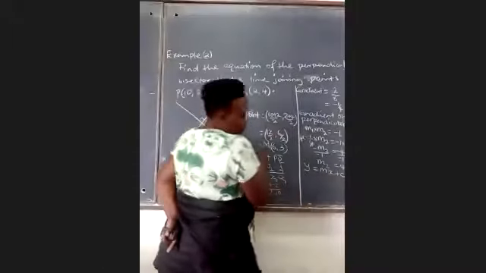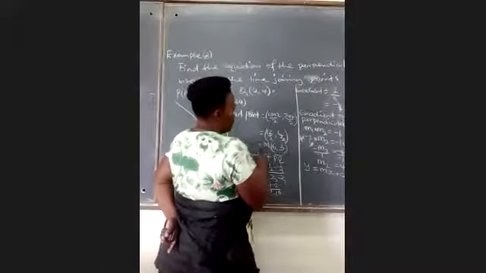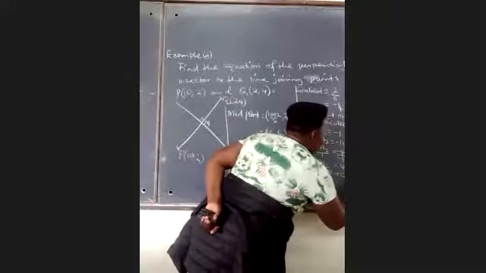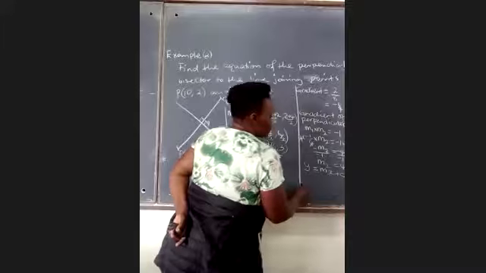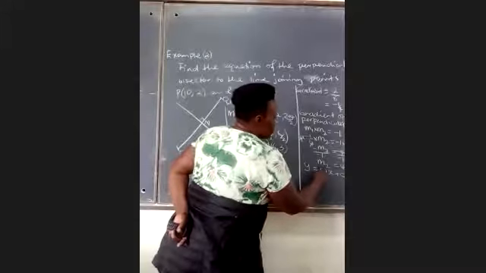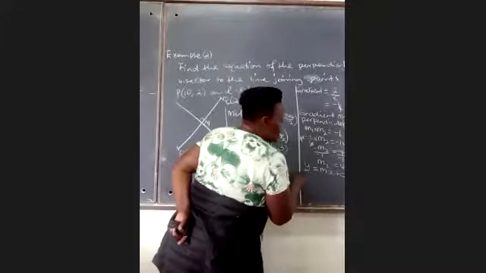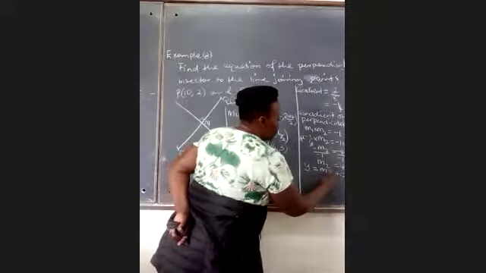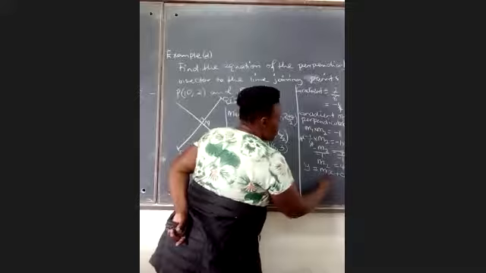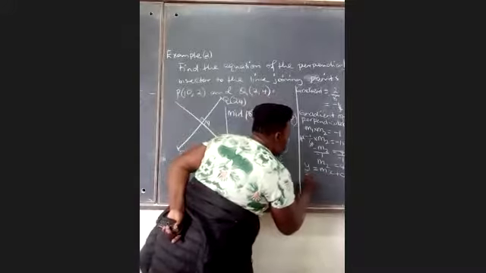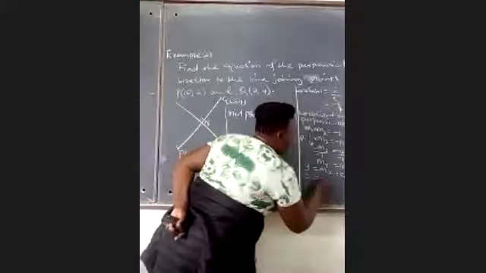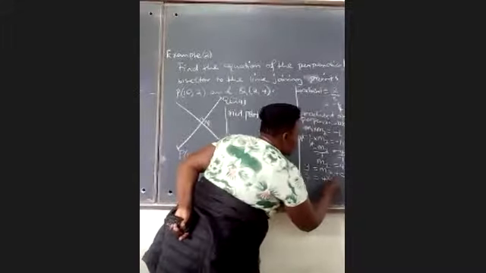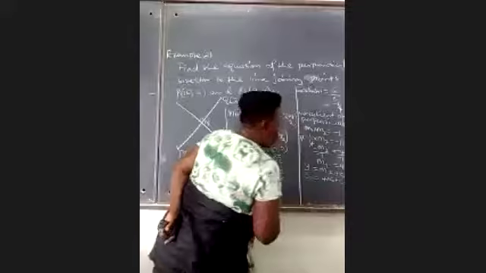So the point that we are going to use here is this midpoint, which is 6 and 3, and we already have M2. So we substitute, because y here is 3, m is 4, x is 6. So we shall say that 3 is equal to 4 in bracket 6 plus c. So what is c?